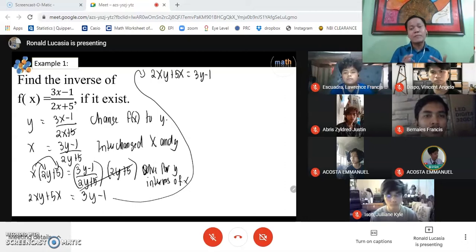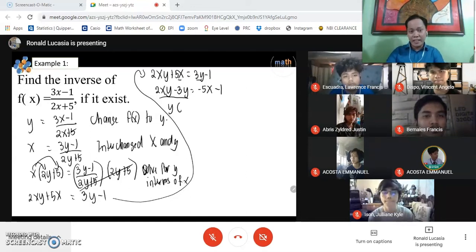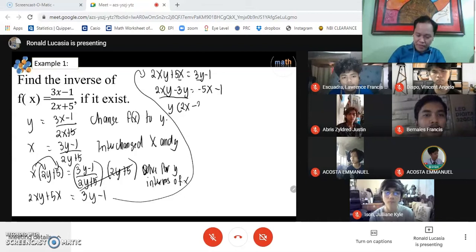Then since we have to solve for y in terms of x, we have the 2xy, I still have 1y here, and then negative 5x minus 1. We can solve this using factoring the common monomial factor. So the common factor there is y. 2xy divided by y is 2x, minus 3y divided by y is 3.